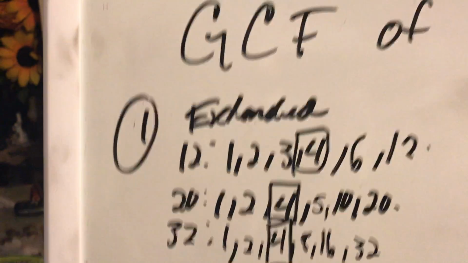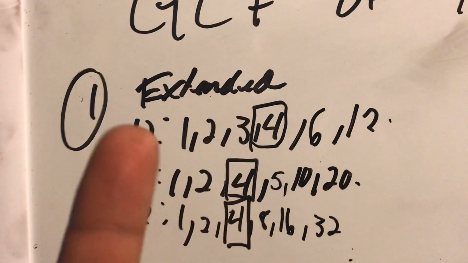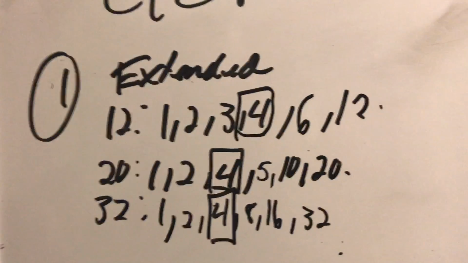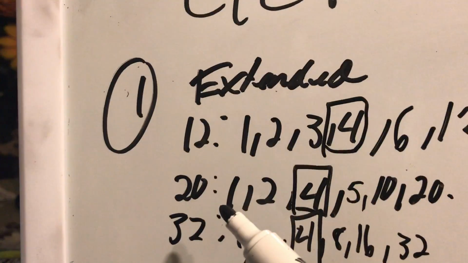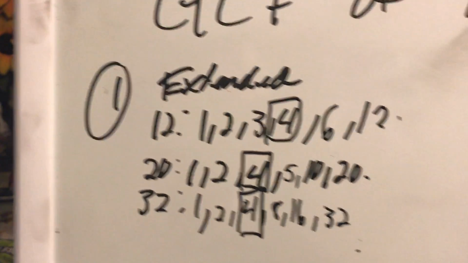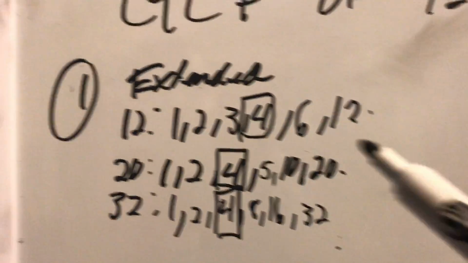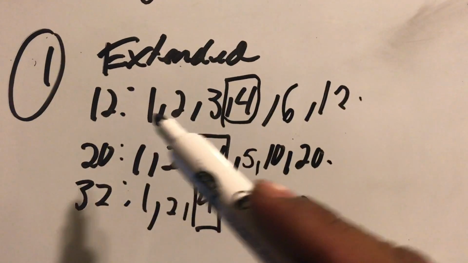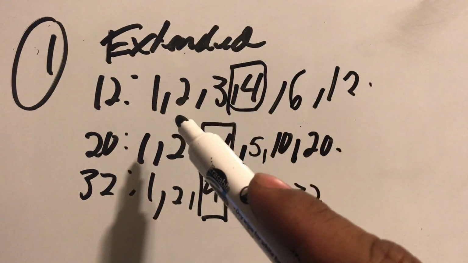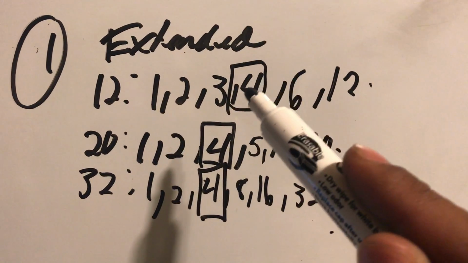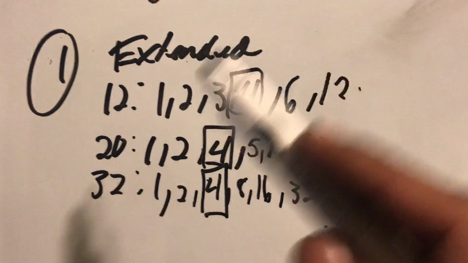For the first method, I have the extended one, the one that you write across, where you write all the numbers. So we have the three numbers already listed, which are 12, 20, and 32. All three have 1 in common. The factors of 12 are 1, 2, 3, 4, 6, and 12.